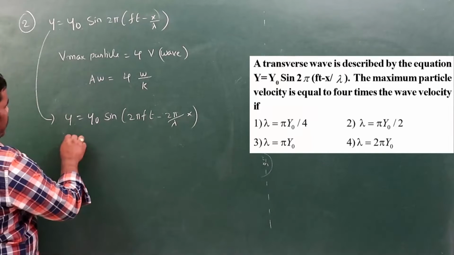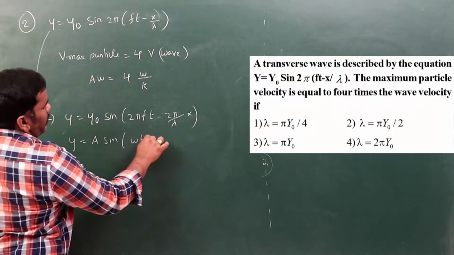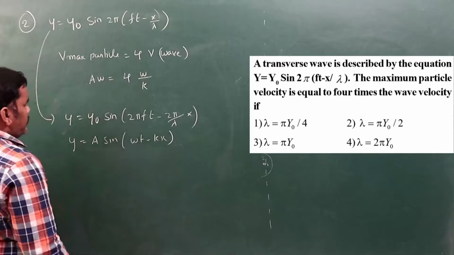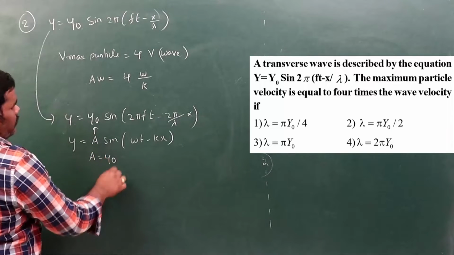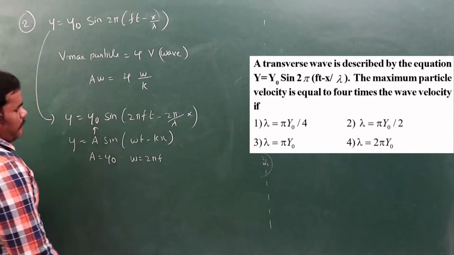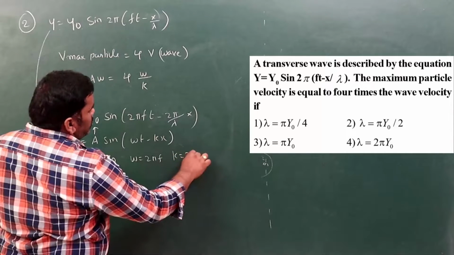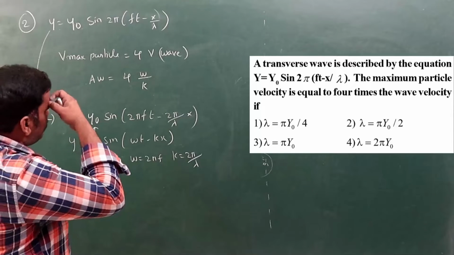Comparing with y is equal to a sin (omega t minus kx), here amplitude A is equal to how much? Y naught. Omega is equal to how much? 2 pi f. K is equal to how much? 2 pi by lambda.